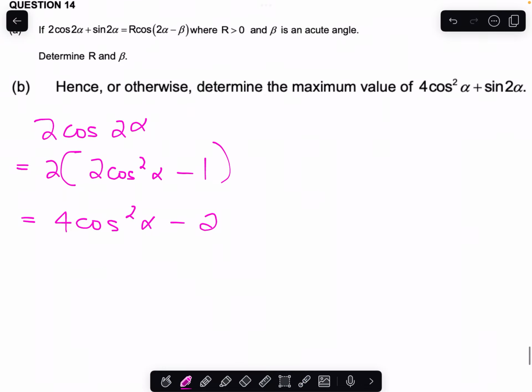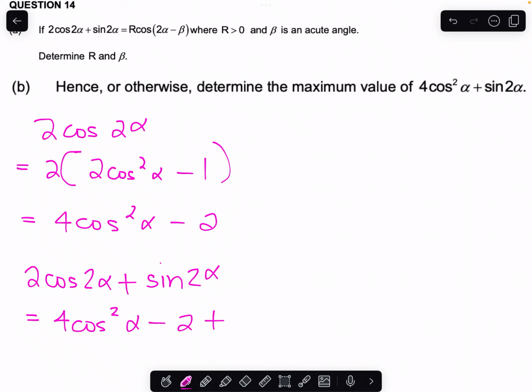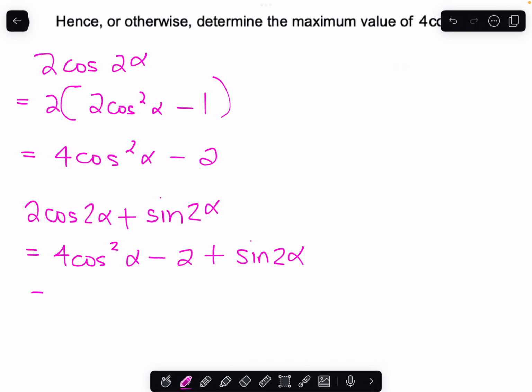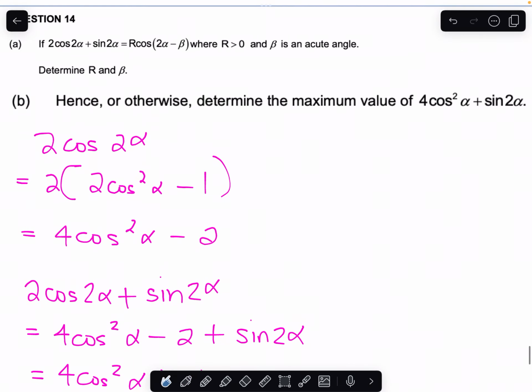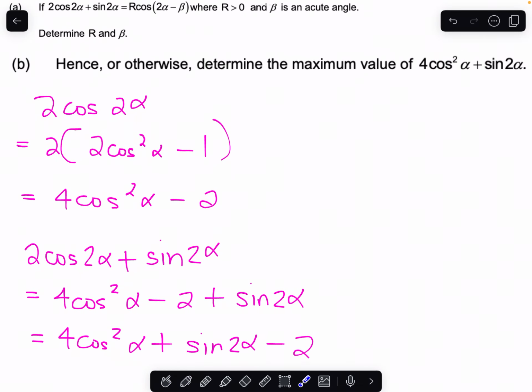And so 2 cos 2 alpha plus sine 2 alpha, which is that expression over there, is the same as 4 cos squared alpha minus 2 plus sine 2 alpha, right? Or just to write that more prettily, it is that, right?